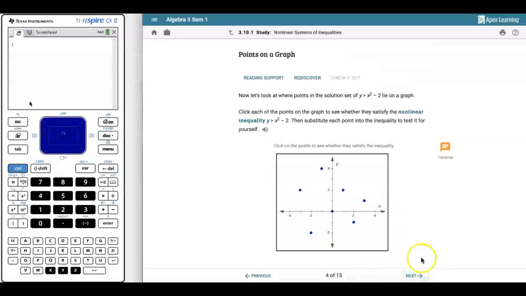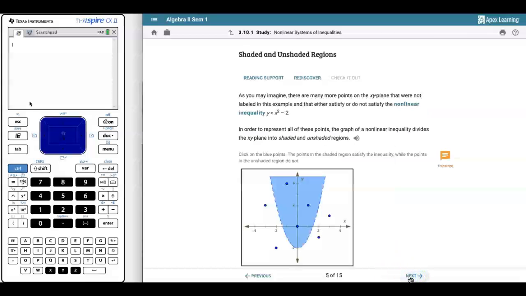So if we were to look through this here, we would plug in all of these different points. So yes, yes, no, yes, no, yes, right? And what you're going to find out here is there seems to be a group or a region that is all yeses, right? And when we look at the expression itself, we can plot that expression as a line.